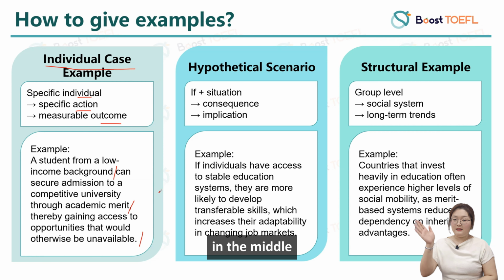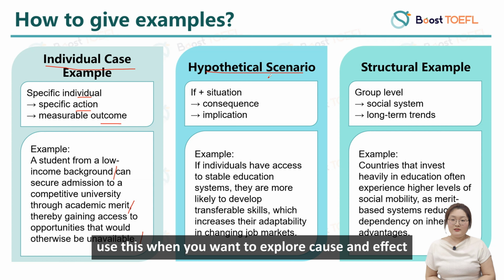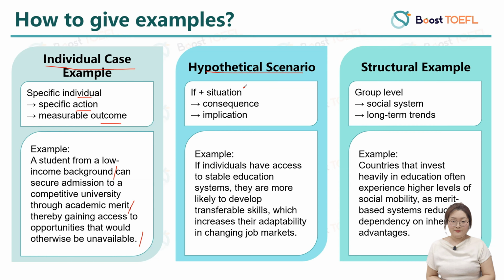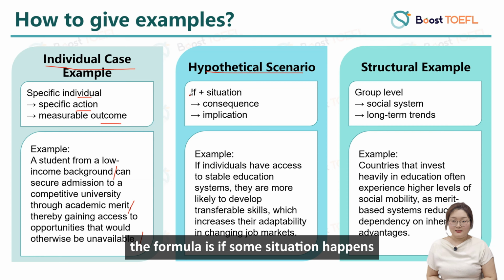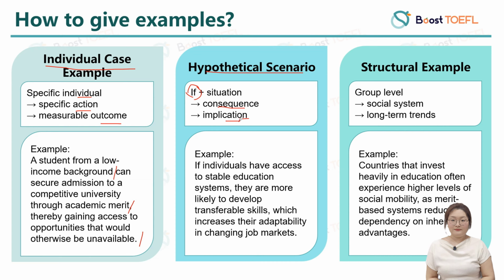Okay, next, in the middle, hypothetical scenario. Use this when you want to explore cause and effect. And the best part is that you do not need real-world data. The formula is, if some situation happens, then the consequence, and finally, implication.